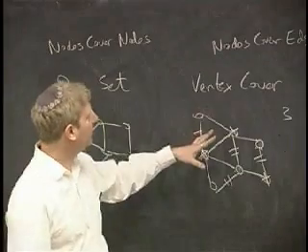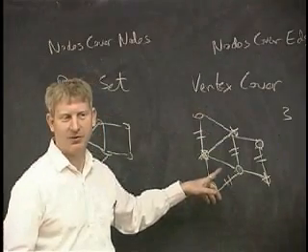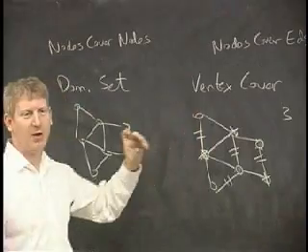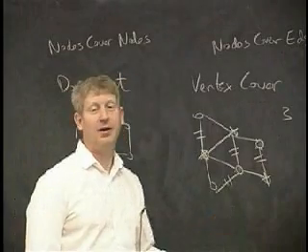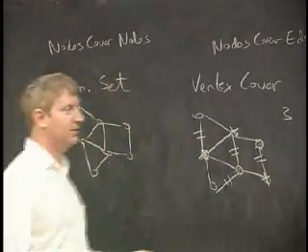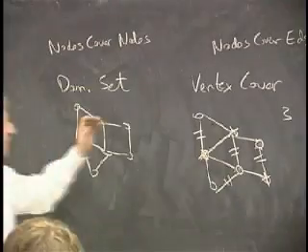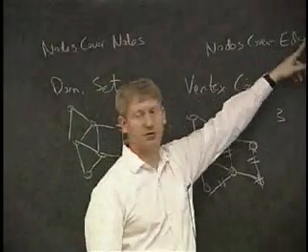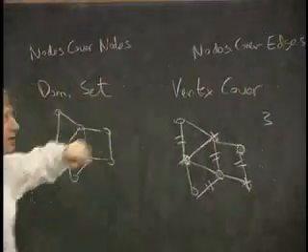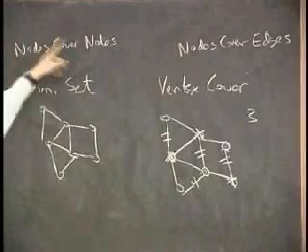But it's really you're choosing vertices to cover edges. So I think these problems are actually worded backwards. I think vertex cover should be edge cover and edge cover should be vertex cover. And you don't need to know about that. But you should just know, when everybody else in the world talks about vertex cover, they mean nodes covering edges, vertexes covering edges, vertices covering edges. When they say dominating set, they mean nodes covering nodes.